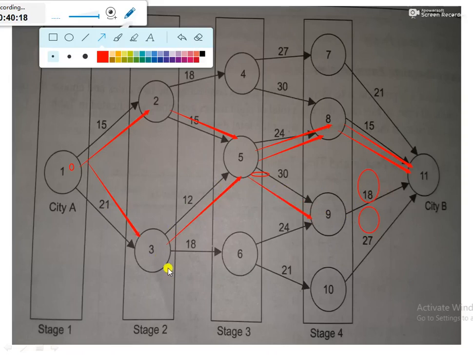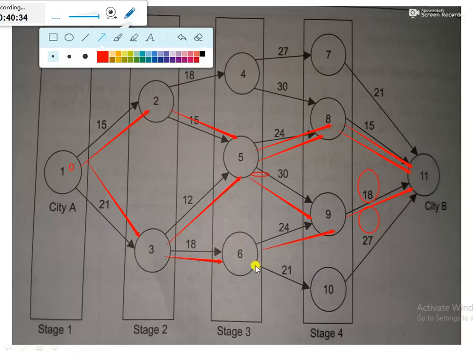Similarly, if he opts for the route 3 to 6, 6 to 9, and 9 to 11, the total time would be 18 plus 24, that is 42 plus 18, 60 plus 21, again equal to 81.